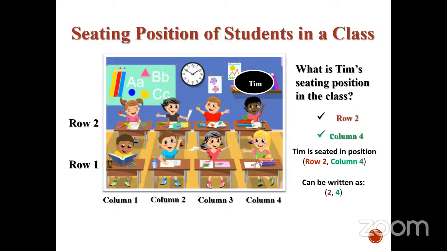The first number in the new form. Jaden, Tajana saying row. Right. And the second number in this pair refers to the column. All right. Very good. It is indeed the column.